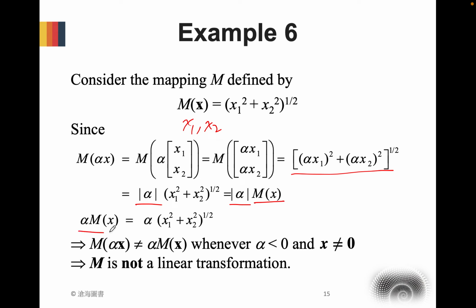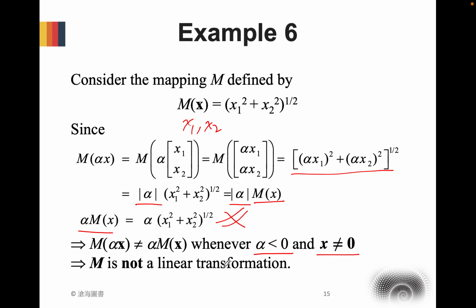However, alpha Mx should be equal to alpha times the square root of x1 squared plus x2 squared. These two are not equal to each other, whenever alpha is smaller than 0 and x is not equal to the 0 vector. Therefore the mapping M is not a linear transformation. So not every transformation is a linear transformation. So this is a special example.